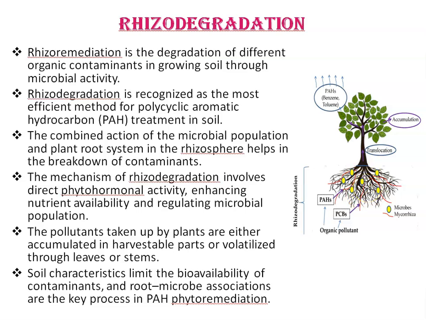So rhizodegradation is recognized as the most efficient method for polycyclic aromatic hydrocarbon, means PAH treatment in soil.